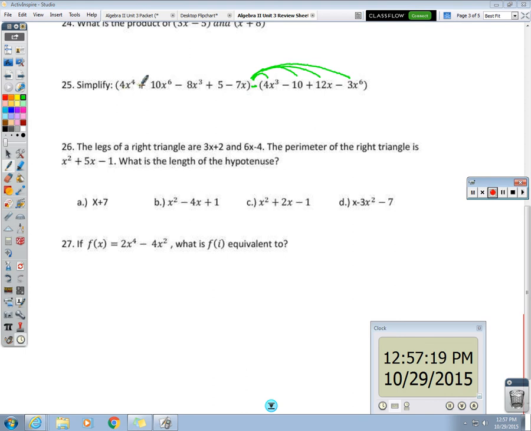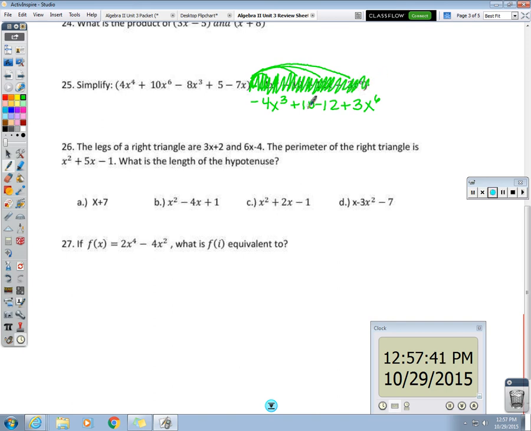Okay, so it does not affect this one, but this one will become a minus 4x cubed plus 10. So basically all that happens is every sign changes to the opposite of what it was. So now I'm going to scratch out all of that because it has all become what I wrote below it.